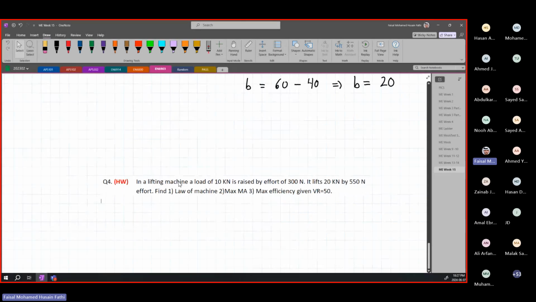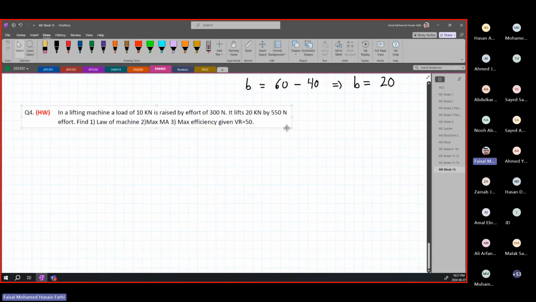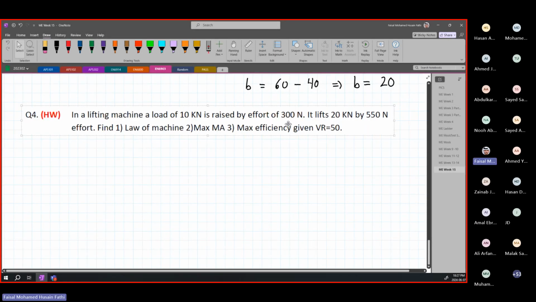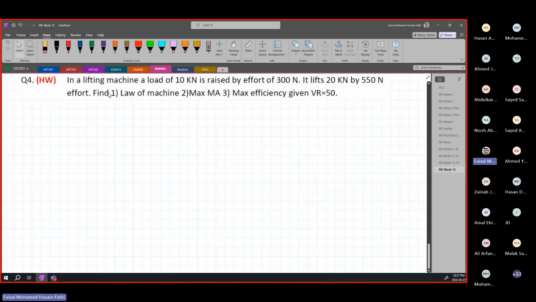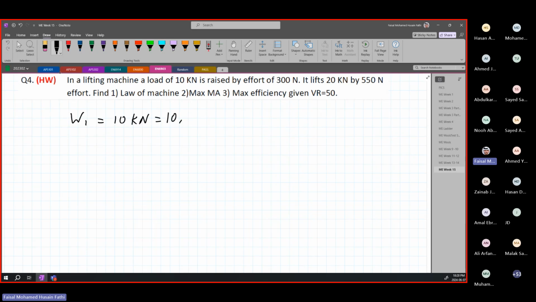All right. So this question over here states, in a lifting machine of load 10 kilonewtons. So let's say W1 is equal to 10 kilonewtons, meaning 10,000 newtons. All right.